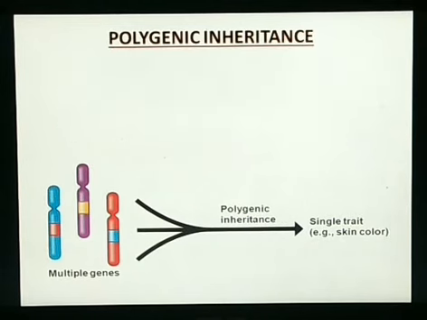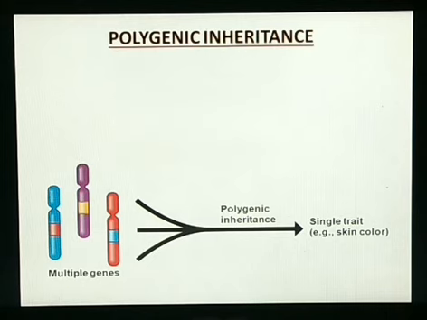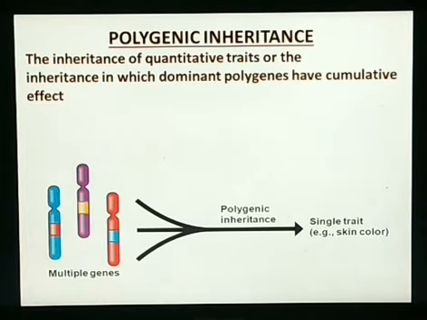But polygenic inheritance showed many gradations, or we can say many intermediate variants for a particular characteristic. And that was because many genes contributed to that trait. Example, skin color. So, polygenic inheritance is the inheritance of quantitative traits, or the inheritance in which dominant polygenes have a cumulative effect.